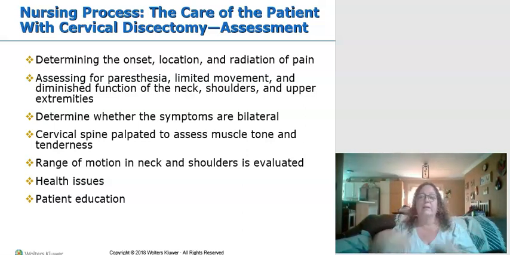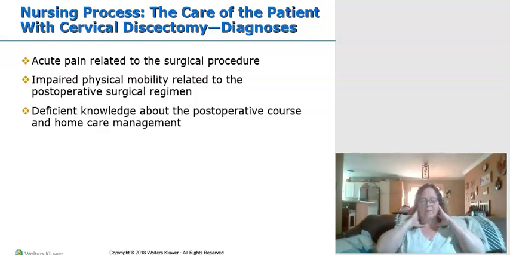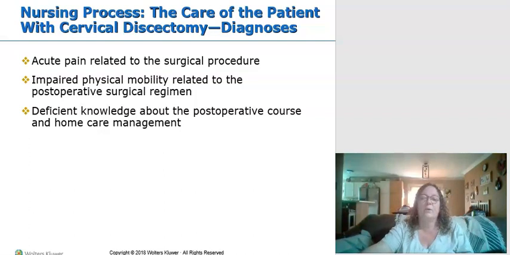Range of motion in the neck and shoulders is evaluated, and any health issues and patient education are addressed. Diagnoses for these could be post-op pain, or impaired mobility related to the post-operative surgical regime. With a discectomy, they're usually in a collar for quite some time. And then deficient knowledge about the post-operative course and home care.